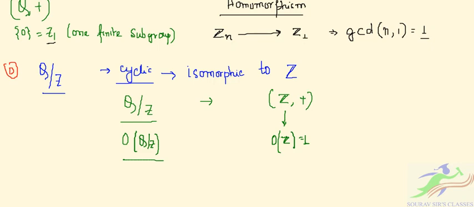So only one element is finite. So we can say that this cyclic group is not isomorphic to Z. So Q/Z is not a cyclic group.